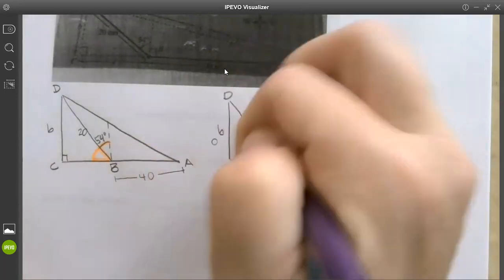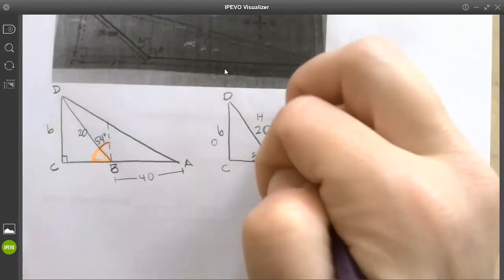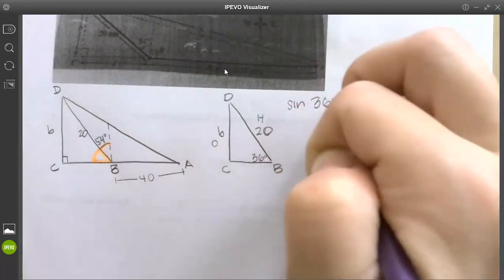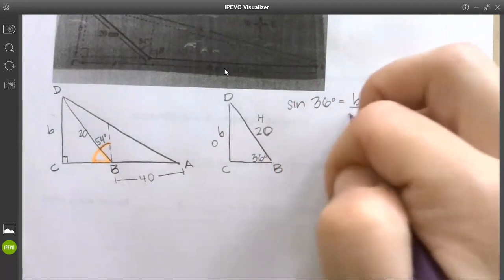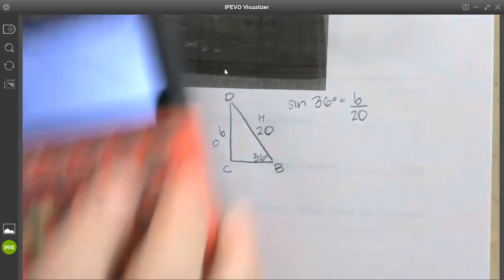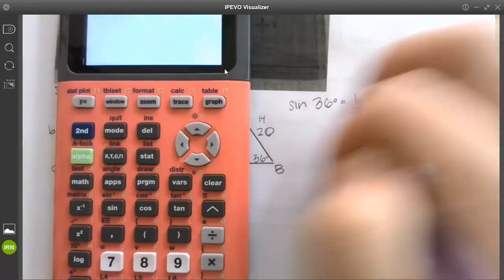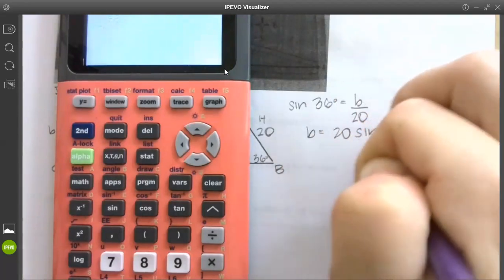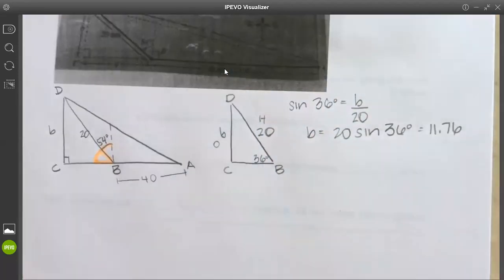So this is your opposite. This one is your hypotenuse. So I'm using sine 36 equals opposite over 20. How do I solve it? 20 sine 36, which gives you 11.76.